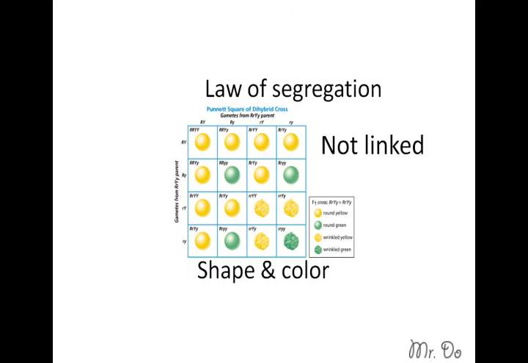So the allele for round is not linked with wrinkled, or with any color like yellow or green. It's the same thing with humans. Does someone who is tall mean they're smart right away? That's not necessarily true. They could be smart or dumb, and someone who is short can be smart or dumb. So when the alleles separate, they also separate independently. They're not linked together.